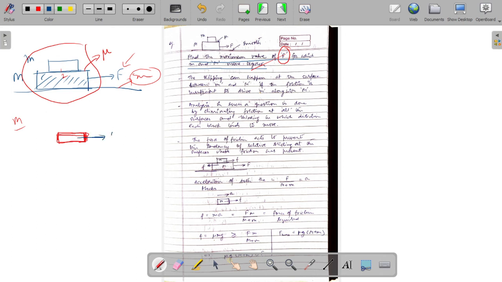So first we have to think about in which direction the friction is going to be happening. So it's going to be a static friction force since motion is not happening between the blocks. Second, this force is going to be happening in forward direction. And why is that?